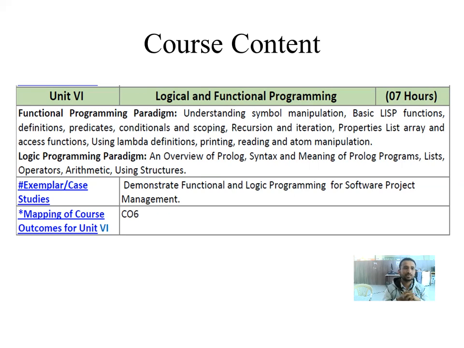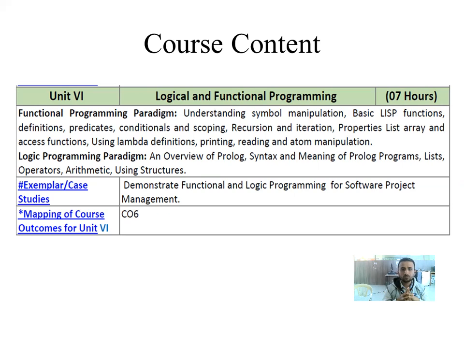So this is nothing but the 6th unit and the last unit, and after completion of this 6th unit, we are going to complete our 6th course outcome that we discussed earlier.